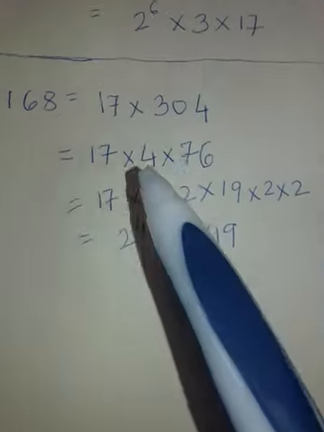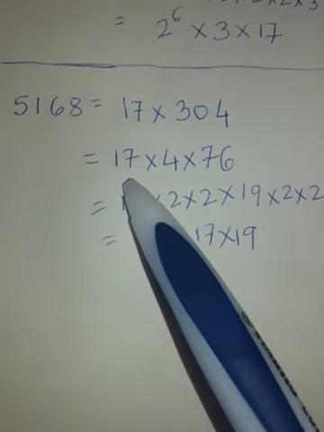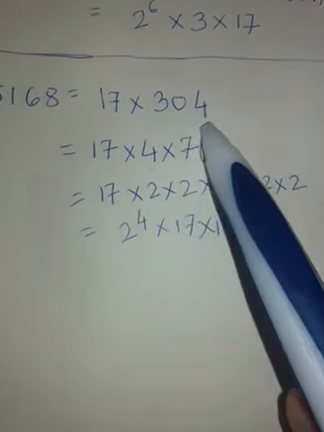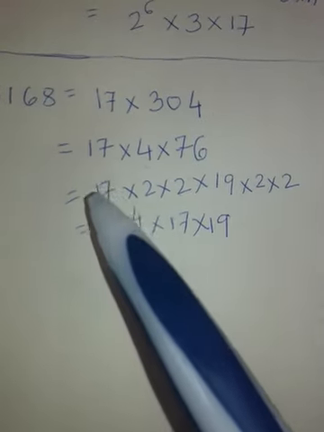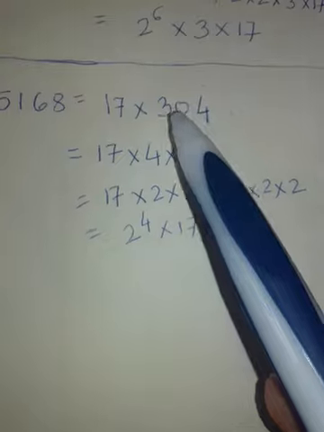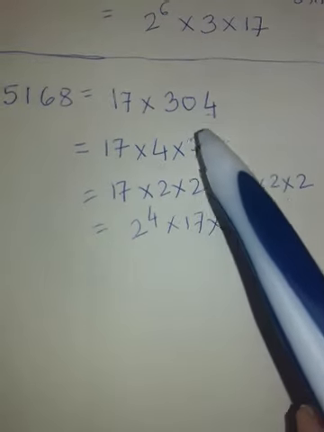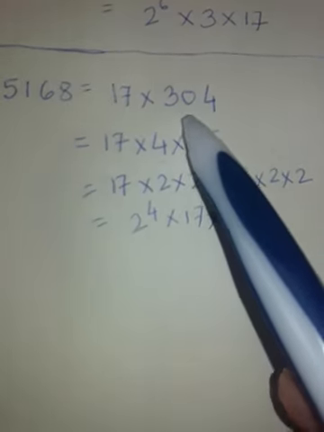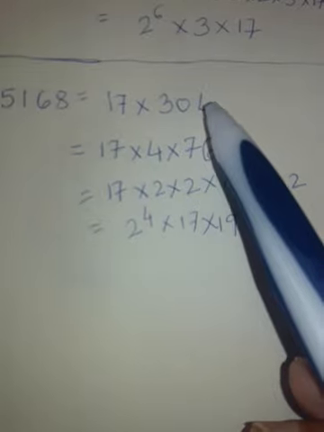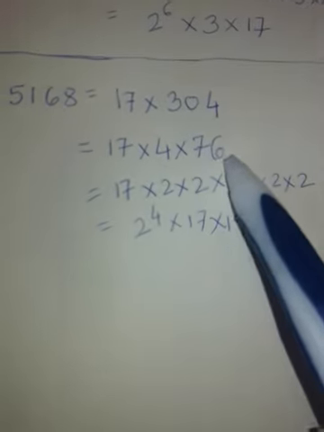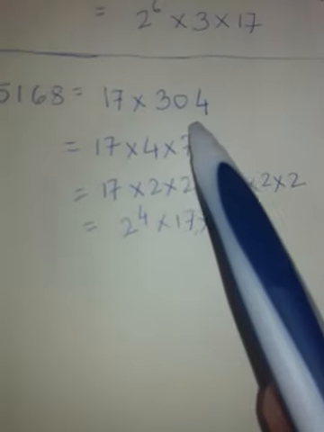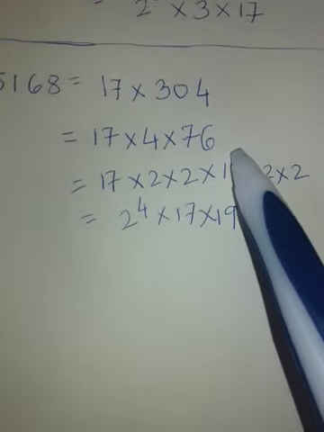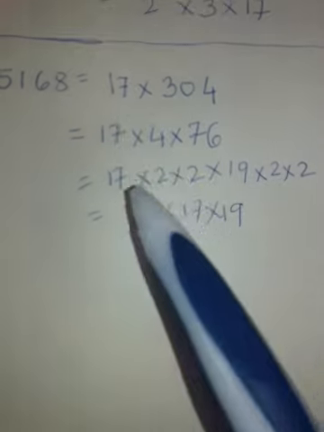Then copy the factor here. Now 17 is a prime number, but 304, when I see these last 2 digits, is 0, 4, so definitely divisible by 4. So when I divide it by 4, what do I get? 4 7s are 28 and then 2, so 4 6s are 24. So 4 into 76. Again 76 is further divisible. 4 is also further divisible.